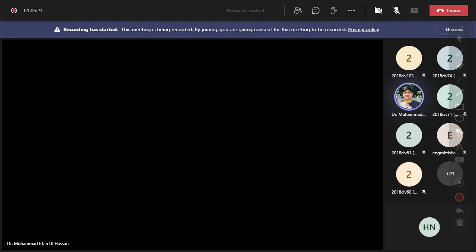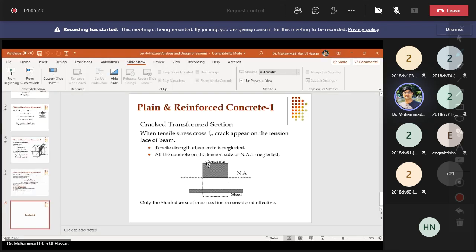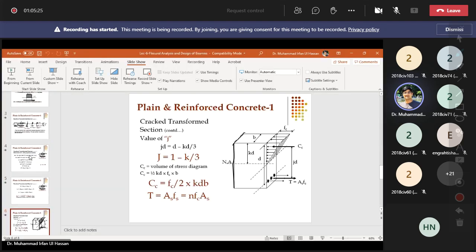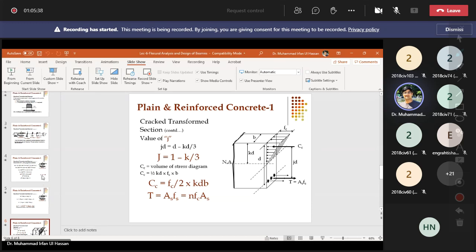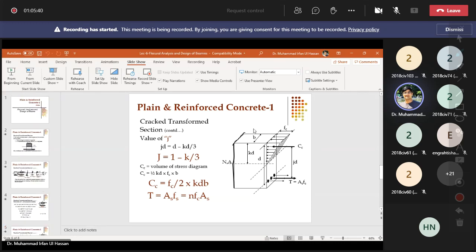This kind of beam is helpful because it gives warning before failure. It shows significant deformation because the tension steel yields. So this kind of beam is preferable to design when you have the depth available option.